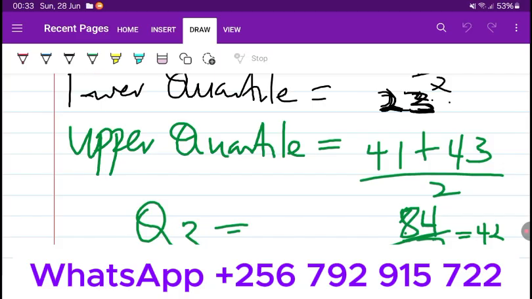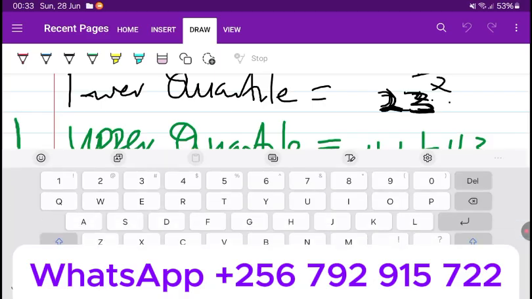Of course, we have seen that the highest value is 131.